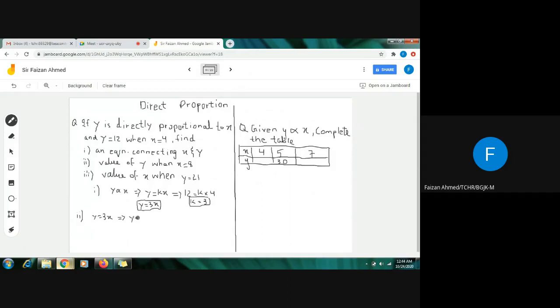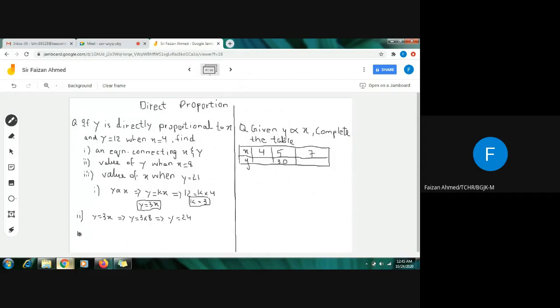So y will be equals to 3 multiplied by x, and the value of x is 8. So 3 multiplied by 8 is 24. So the answer of the second part is basically y is equals to 24.